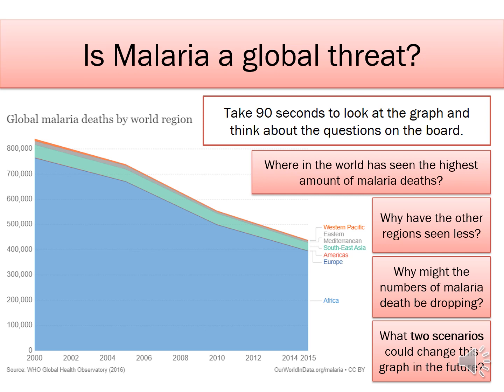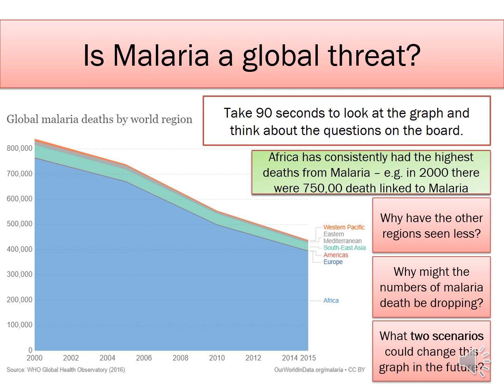Now that you've had a chance to read the graph and answer the questions, let's go through them together. The first one says, where in the world has seen the highest amount of malaria deaths? If you look at the compound bar graph, you can see that most of the deaths caused by malaria are in the continent of Africa.